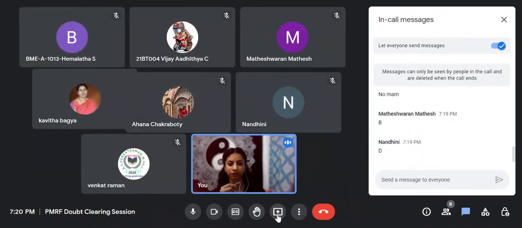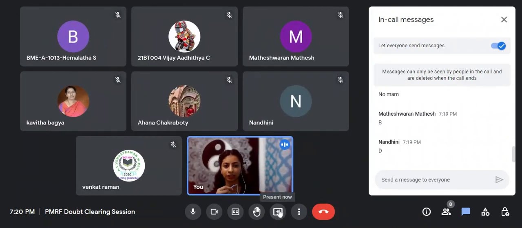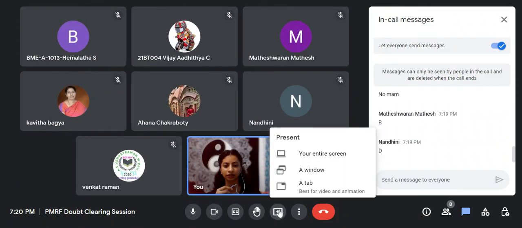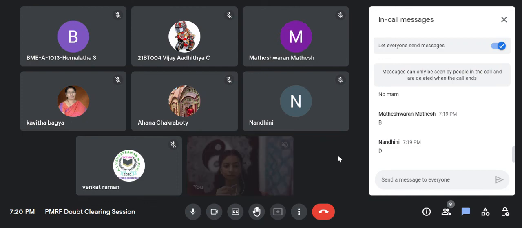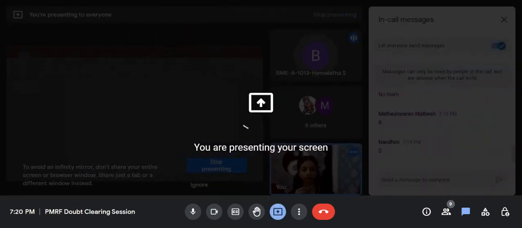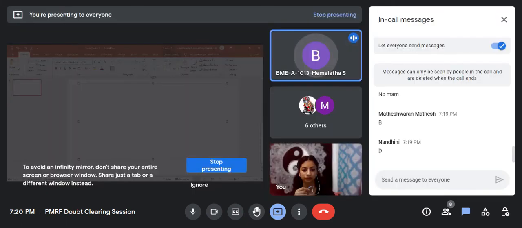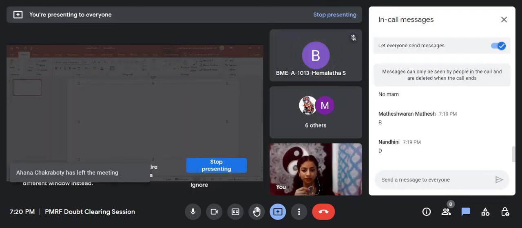So do you know what a limiting substrate is? Can you try to explain what a limiting substrate is? So it is the substrate in the medium that limits the growth. Yes.